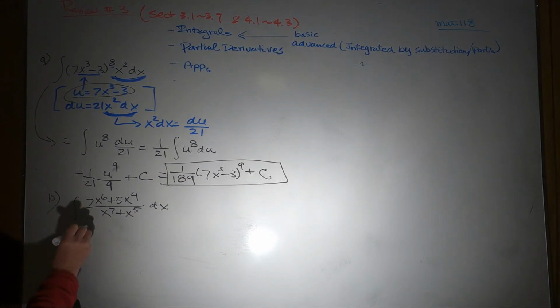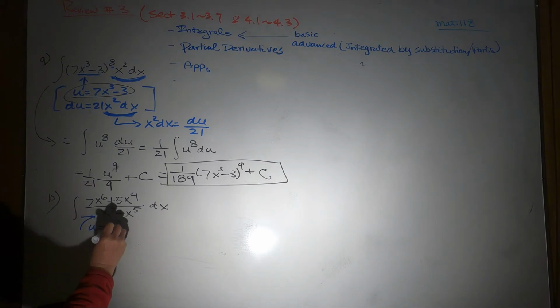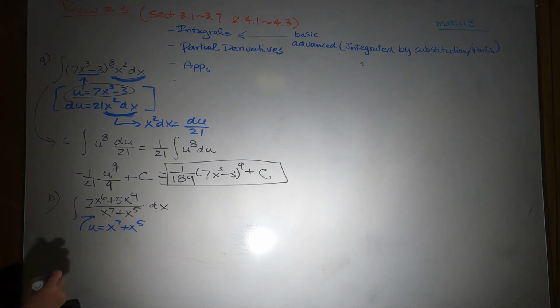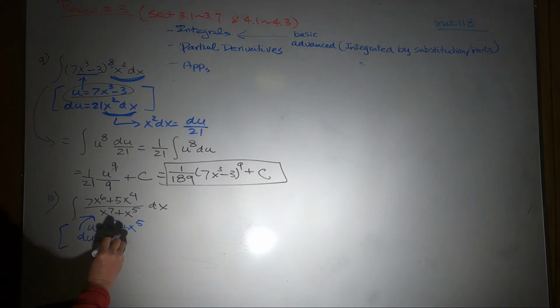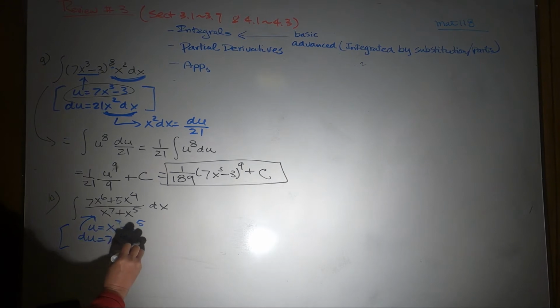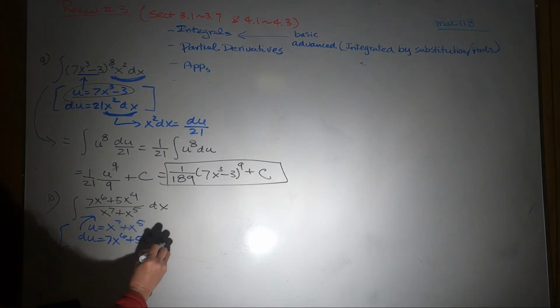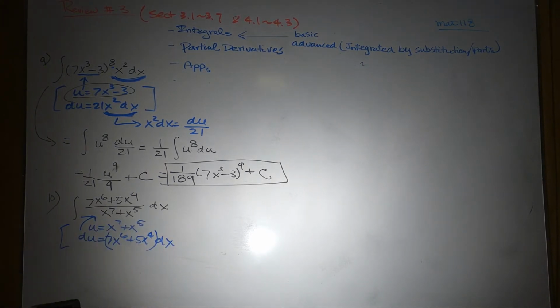So you get some idea. You say, okay, I let u equal x^7 plus x^5, right? Then my du would be 7x^6 plus 5x^4 dx, right?